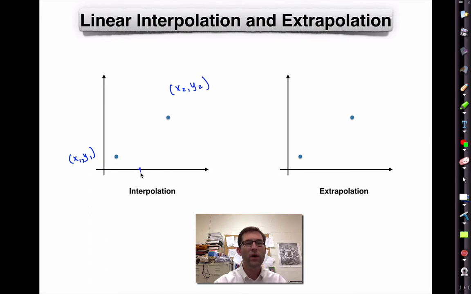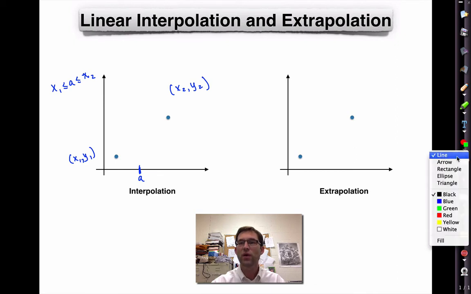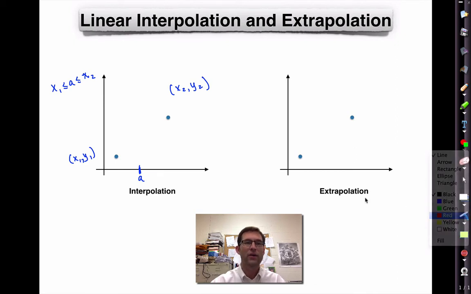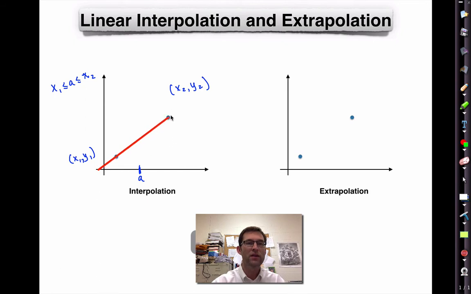And let's say we then want to predict the y value of some x value that's in between these two. The idea of linear interpolation is, well, okay, whether I know it's a line or I don't know it's a line, I'm going to assume it's a line. Now I lost my 2 points.